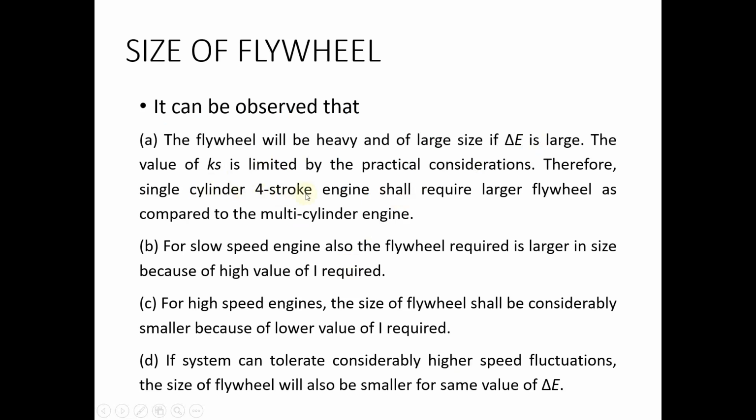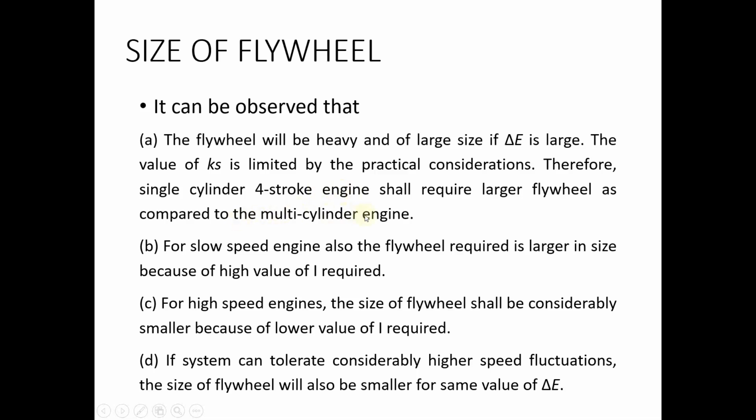So in a single cylinder 4-stroke engine, as we mentioned, the fluctuations will be very large because the time interval between the different power strokes will be large. So the variations of the fluctuations will also be large. Due to that, a larger flywheel is required to balance the intermittent torque or the fluctuations caused in the crankshaft of a single cylinder 4-stroke engine.